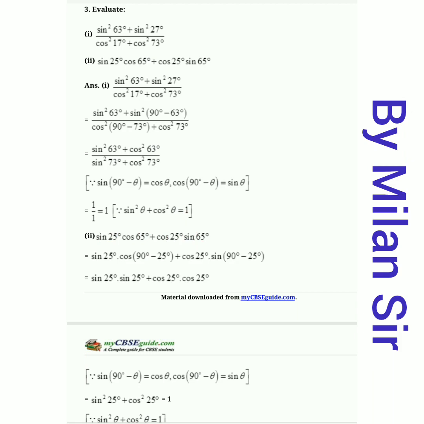But here the same angles are given, 25, 65, 25, 65. So we just try to convert all these angles into the same angle. Means either we can convert all these angles into 25, otherwise we can convert into 65. Right now I am going with angle 25. So I will convert all these angles into 25.